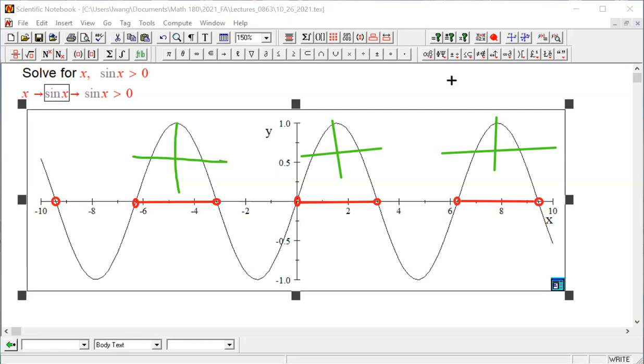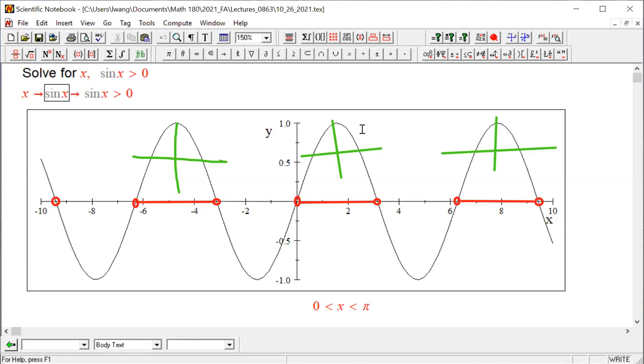Okay, so what will be the solution then? Well, what is that interval? This piece is between 0 and pi. So your solution becomes pieces of intervals, and then you can look for patterns.